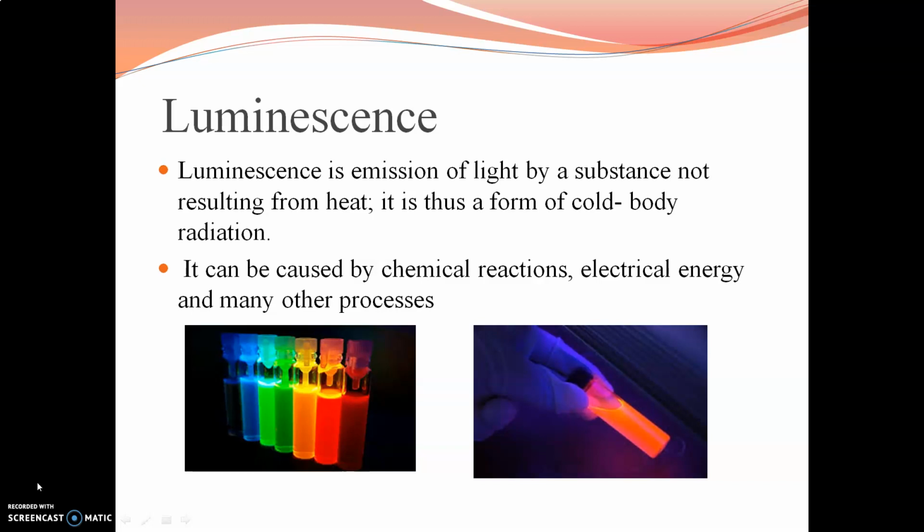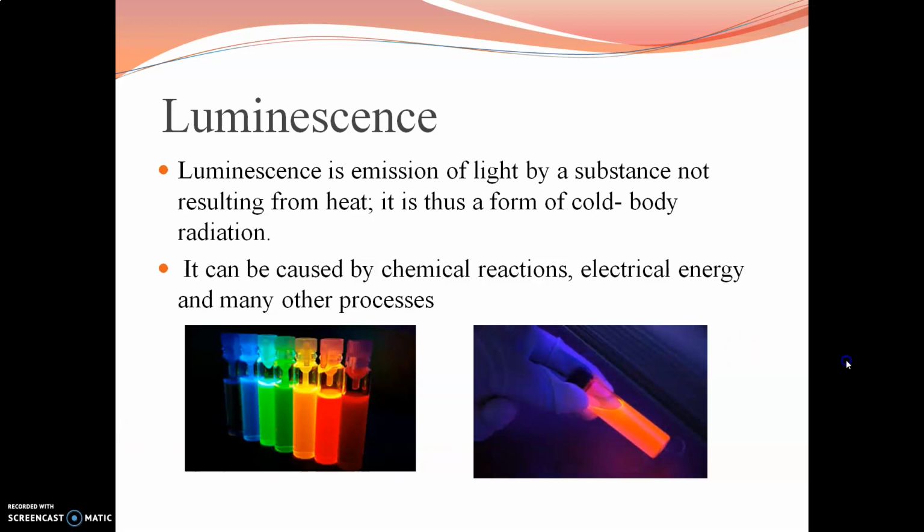But the condition over here is it is not caused by heat. It is caused by some chemical reactions taking place, some electrical energy, or some bioprocess or radiations, but not heat. So temperature is not a reason for luminescence.